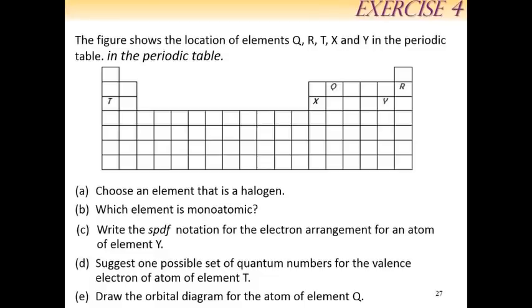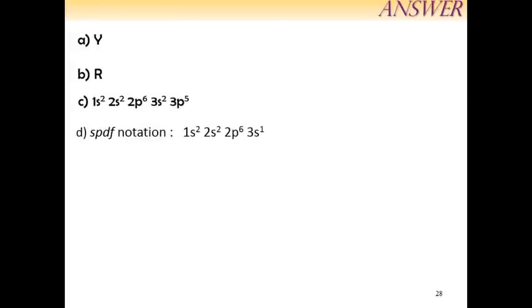You can also try to answer exercise 4. And the answer for exercise 4: A, element Y; B, element R; C, electronic configuration 1s2, 2s2, 2p6, 3s2, 3p5.